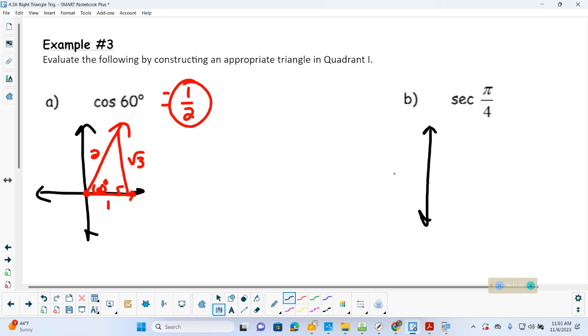Okay. Now, I'm hoping pi over 4 we're just starting to recognize. Pi over 4 is how many degrees? 45. So again, 45 degrees is in quadrant 1 here. I'm going to label the sides accordingly. 45, 1, 1, root 2.